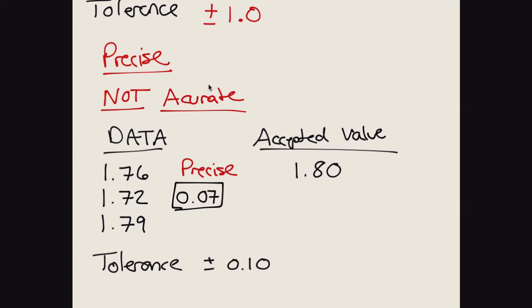Hannah? 0.08, very good. Does that fall inside our tolerance? What do you think? Yeah, it does. It's definitely less than 0.1. So that would mean that this is also accurate information.